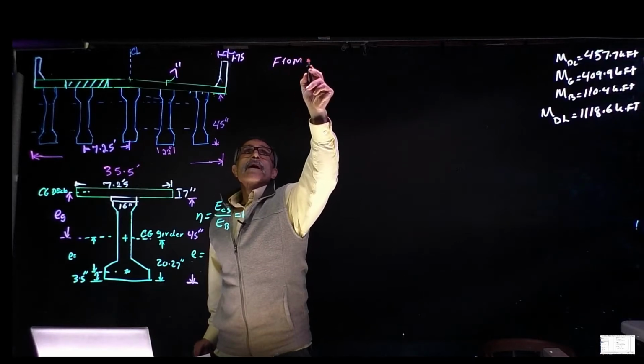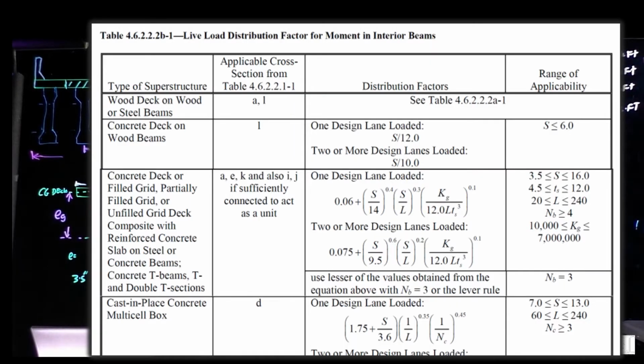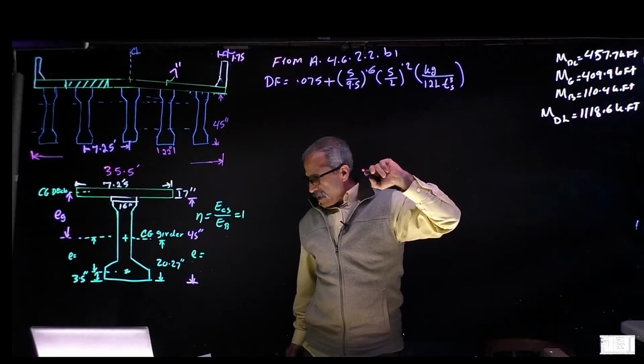From AASHTO table 4.6.2.2.2b, for two or more design lanes, our distribution factor is going to come out to 0.075 plus (S divided by 9.5) to the power 0.6 times (S divided by L) to the power 0.2 times (Kg divided by 12 L ts cubed) to the power 0.1.